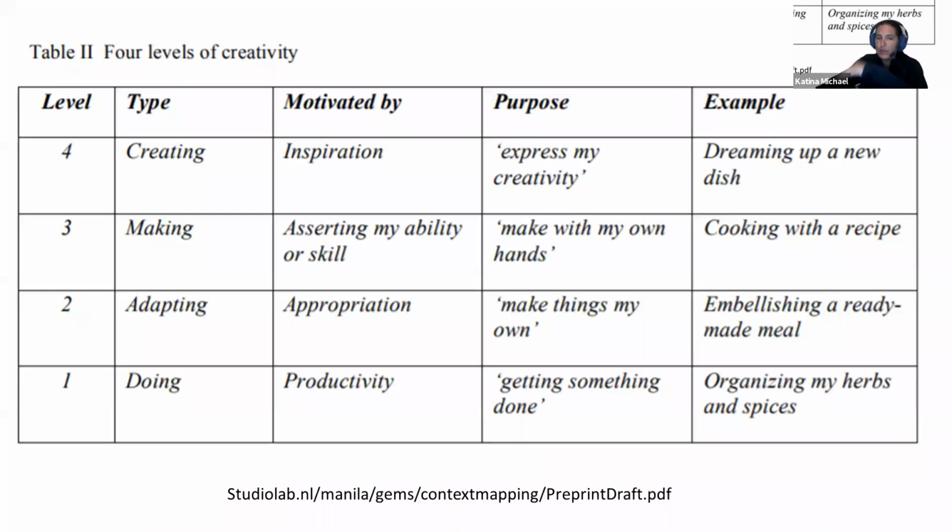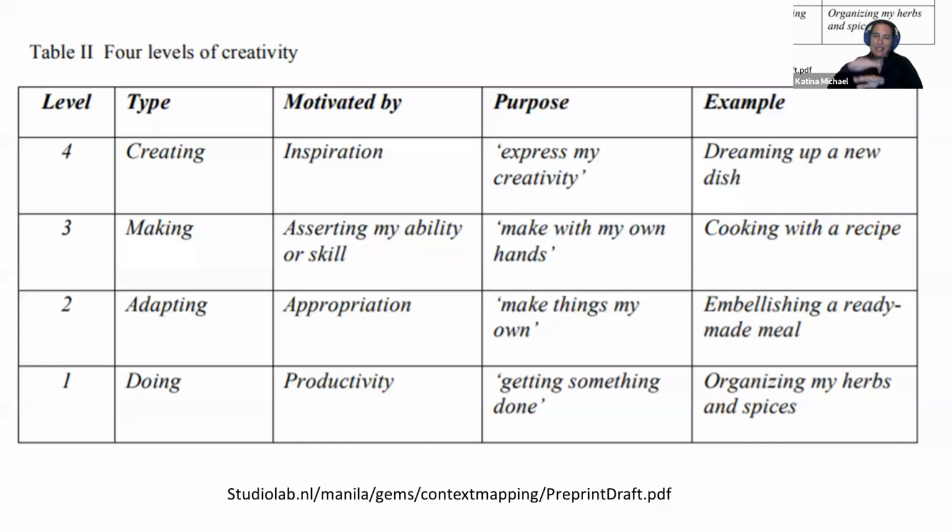And so there are levels of creativity. I can create, I can make, I can adapt, I can do. But expressing my creativity and dreaming up a new thing is important. It provides inspiration. But if I'm solely doing and not really creating, I'm organizing my herbs and spices rather than dreaming up a new dish.